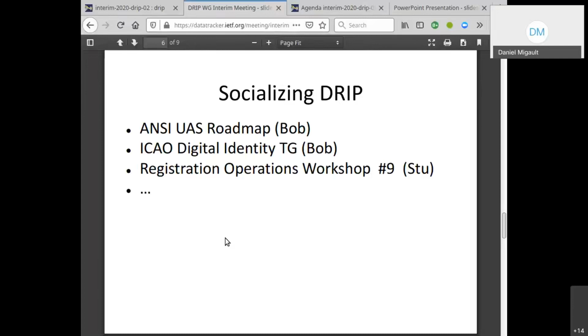This socialization work you're doing, and especially this workshop, is a very good introduction to the architecture document, where we could see how we can leverage from DNS, but also what our specific requirements are regarding the DNS protocol. That's one aspect, but the other one is also the DNS architecture.